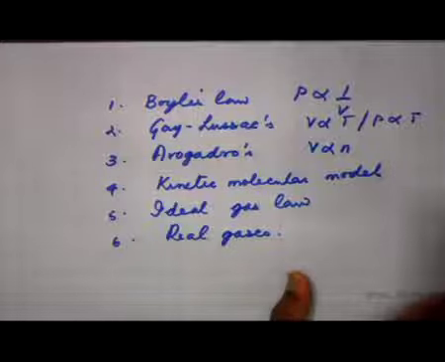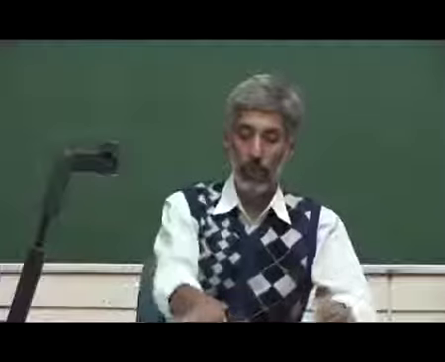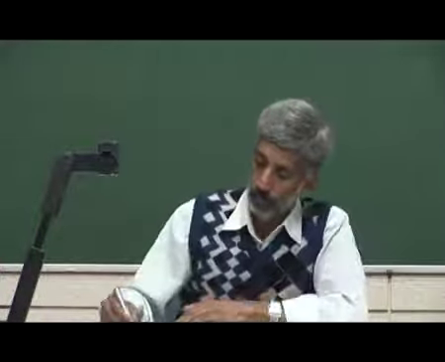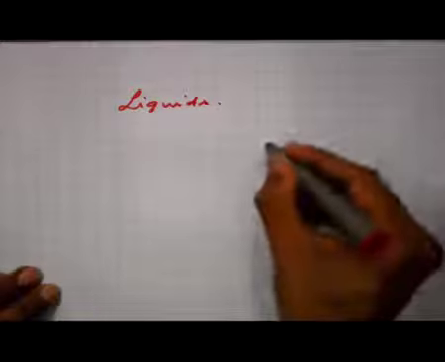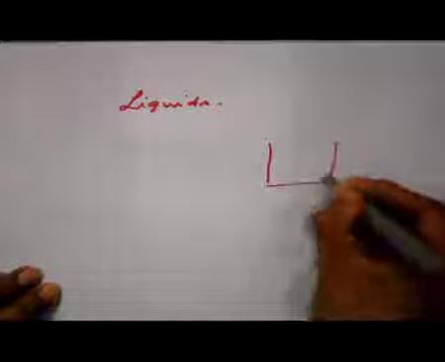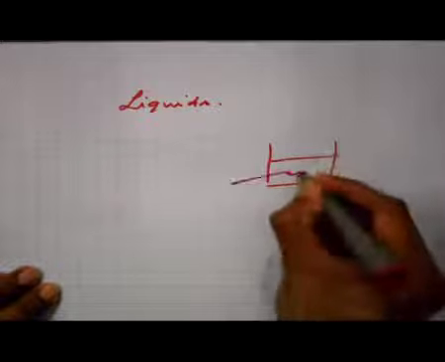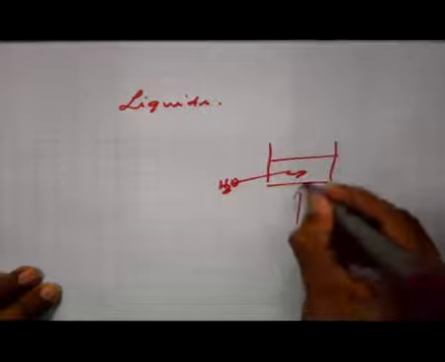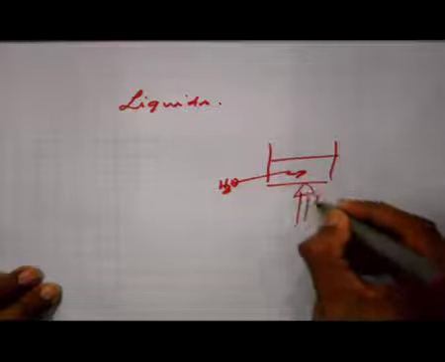Let us quickly now move on to look at liquid states. Now, if you take a liquid, let us imagine that I have water and I heat it. So, heat is provided.